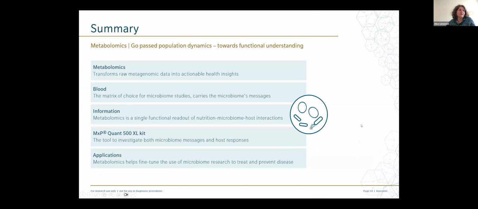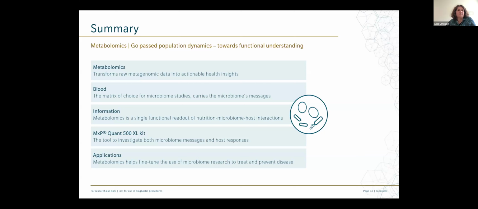So I think we've seen that metabolomics is a great way to transform the raw metagenomic data into actionable health insights. Feces can be a very interesting metric, so is tissue in certain contexts, but blood is really one that people should not overlook when they plan a microbiome study. And you get information both on the effect of the foods, of the diet, of the microbiome, and of the host.